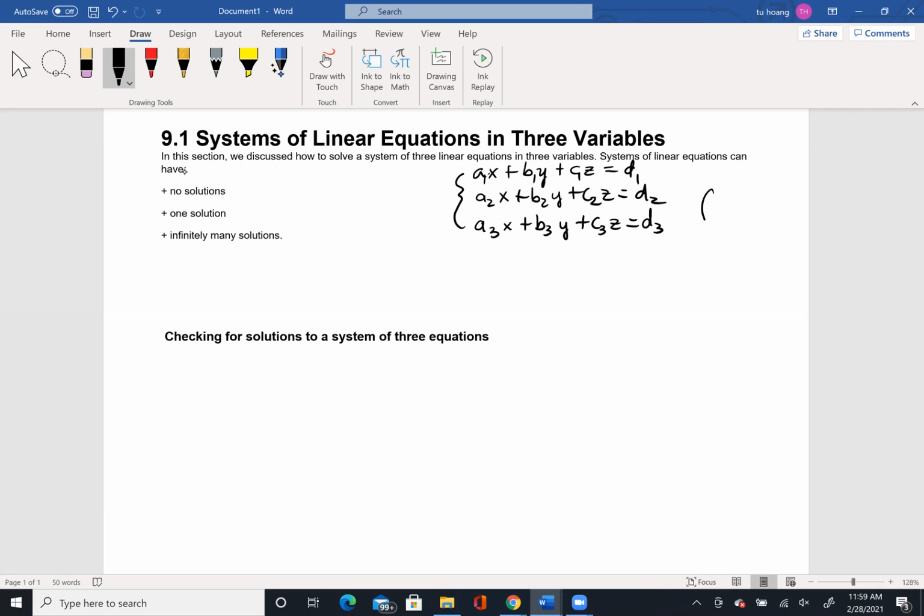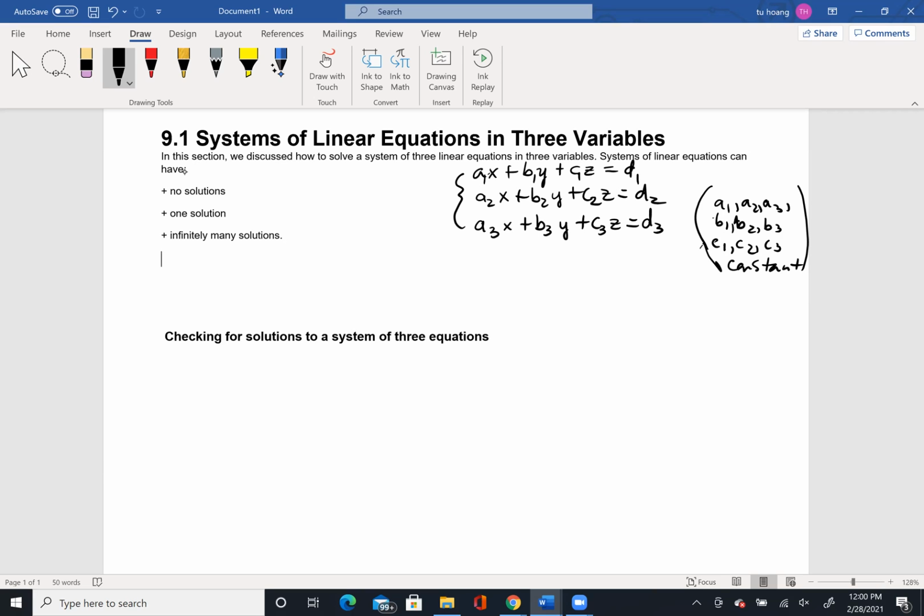And remember that a1, a2, a3, b1, b2, b3, and c1, c2, and c3 are constants and not equal to 0. It could be 0 actually. Yeah. Okay, a constant.